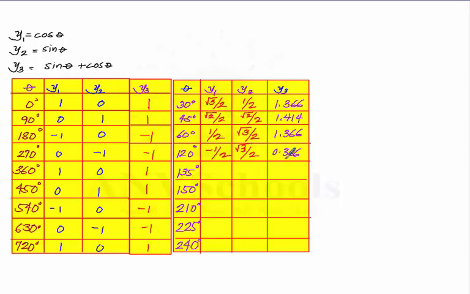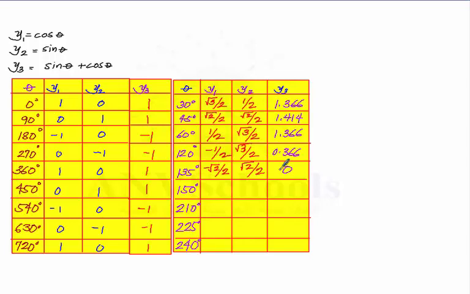So y1 is negative and y2 is positive. In that case we have negative square root of 2 over 2 for y1, and square root of 2 over 2 for y2. So we will have a sum of 0.